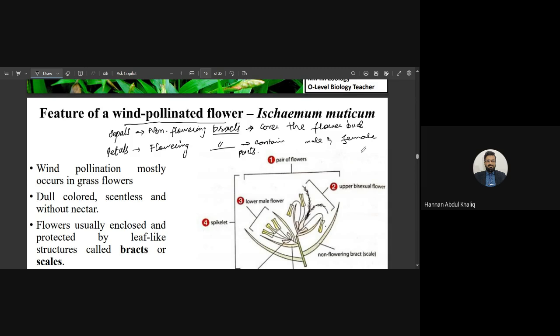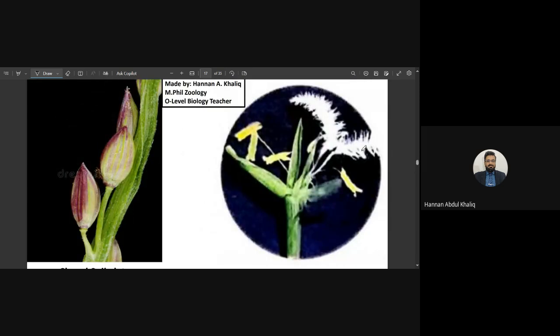Okay, now just look at this flower. Does it look anything like a flower? No. But this is a flower because it contains the male and female part, so it has to be called a flower. Now, when you closely look at the left picture, you would find a spike-like thing.